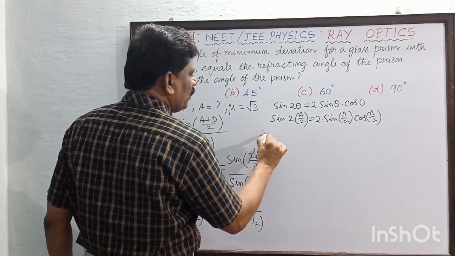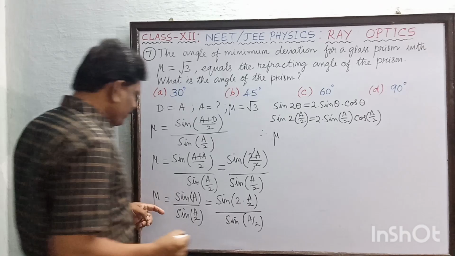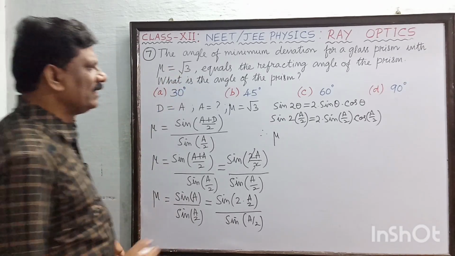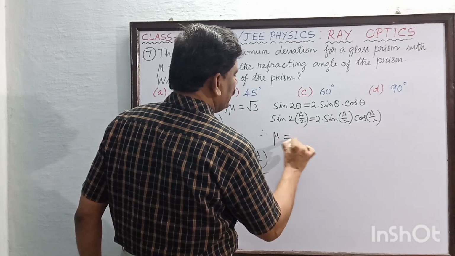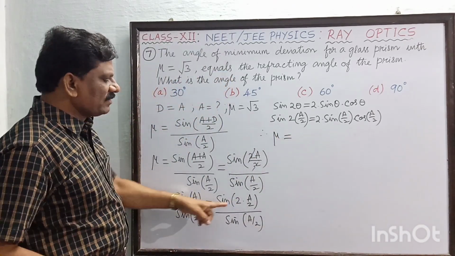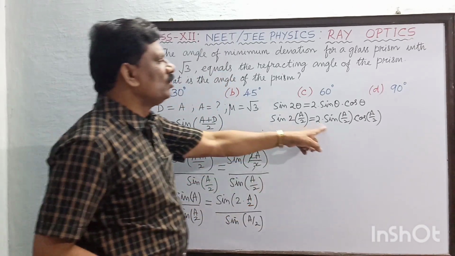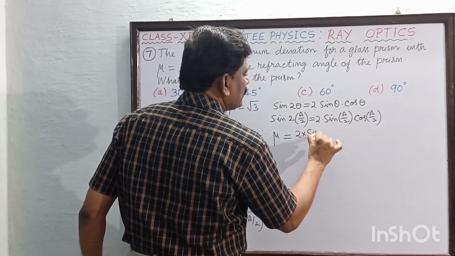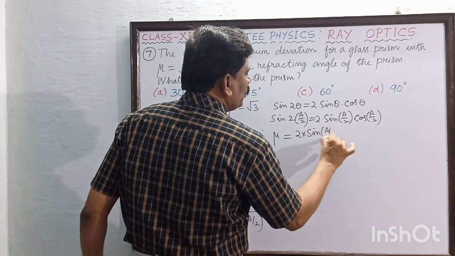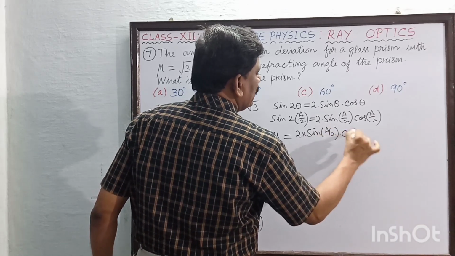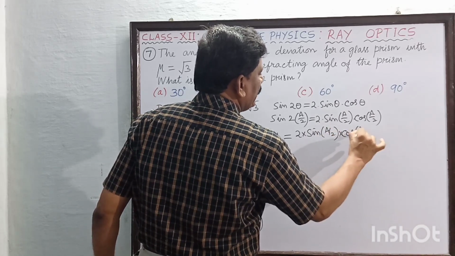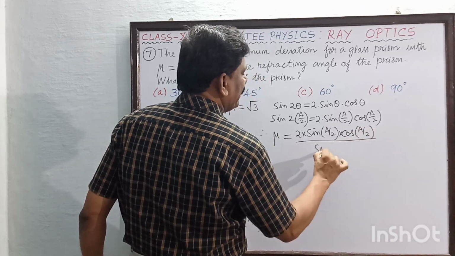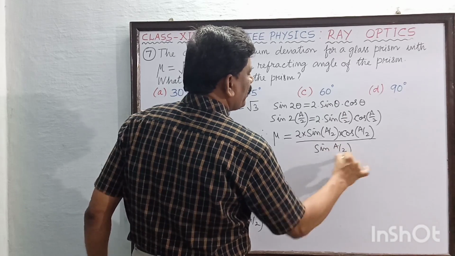Therefore now, instead of mu, we can also substitute what value? Root 3 is given already, is it not? So this is equal to the numerator, sine 2 theta equal to 2 sine theta cos theta, I am going to substitute. So 2 into sine A by 2 into cos A by 2 whole divided by sine A by 2.